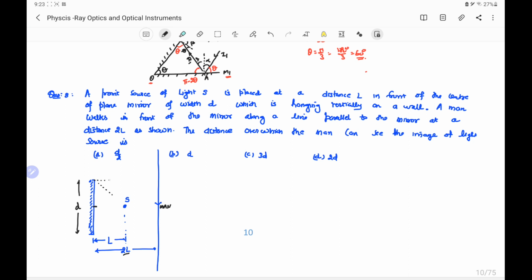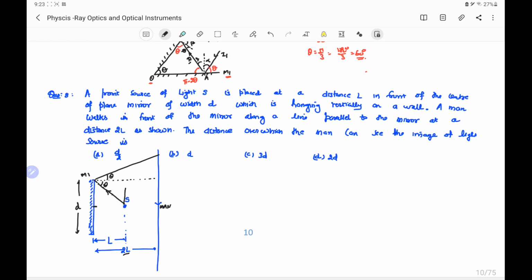For this we take a limiting point, that is M1, on which a ray is incident from the source at an angle of theta. So the reflected angle will also be theta.